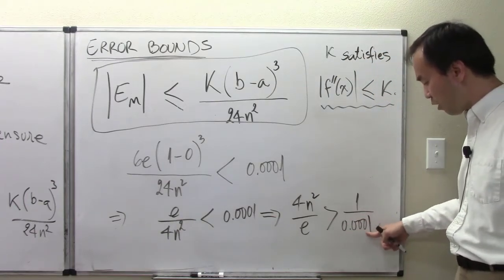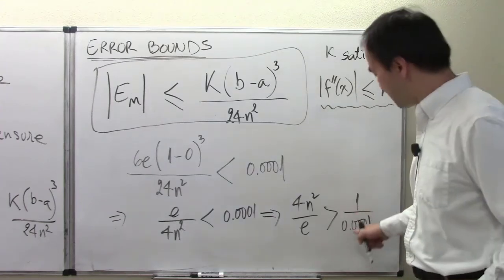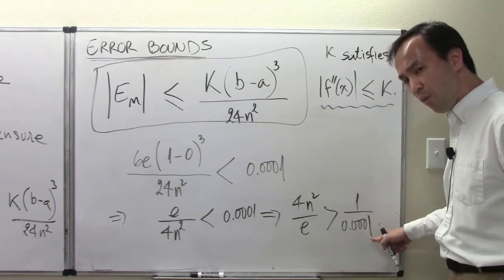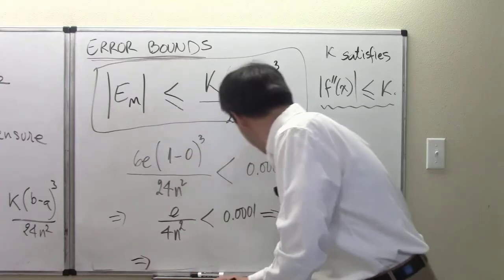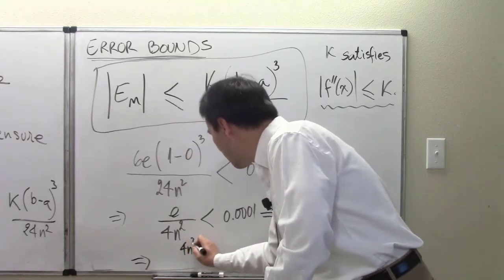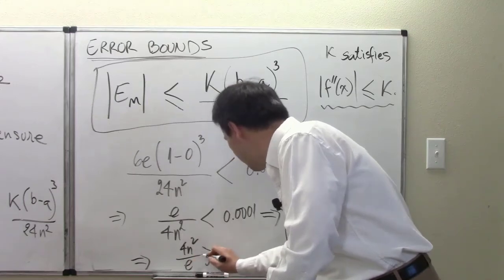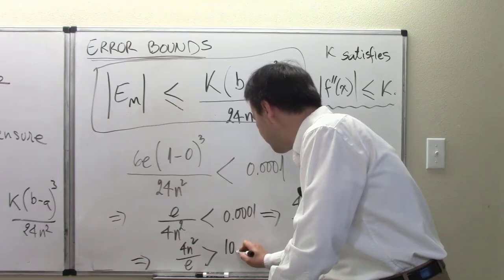And 1 over 0.0001 gives me 10,000, so 4n squared over e has to be greater than 10,000.